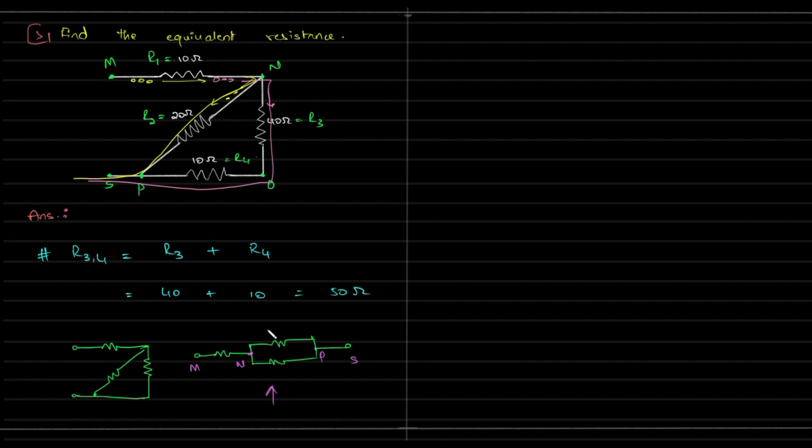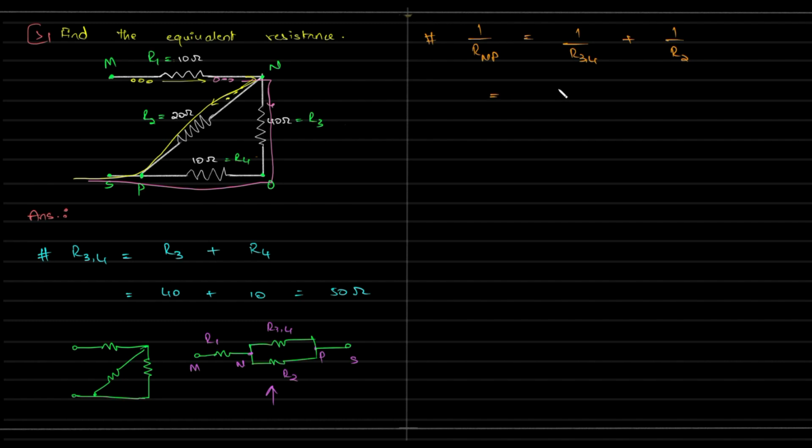Okay, so at the top we have R3, 4. At the bottom we have R2 and on the left we have R1. So these two are in parallel, right? That's the next easiest thing to figure out because, well, it is easy. So 1 by R between node N and P, I'll call it as NP, is equal to 1 by R3, 4 plus 1 by R2.